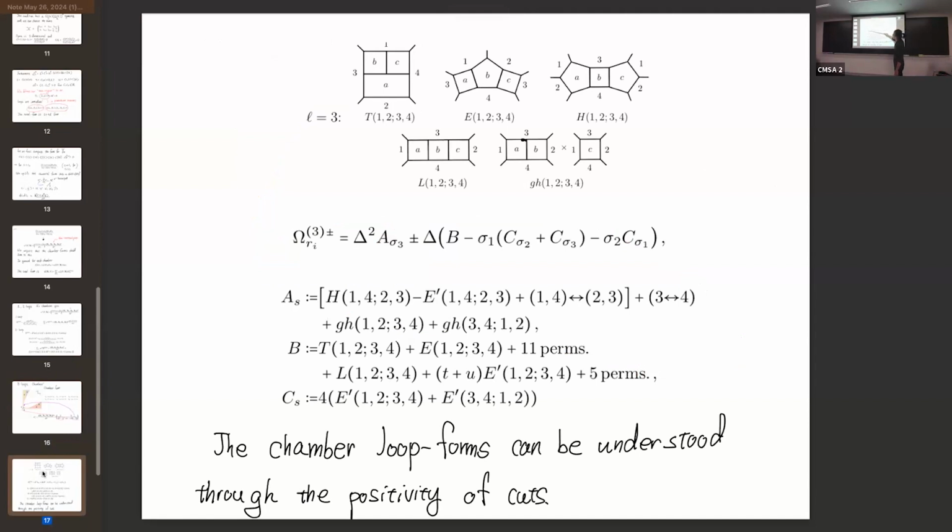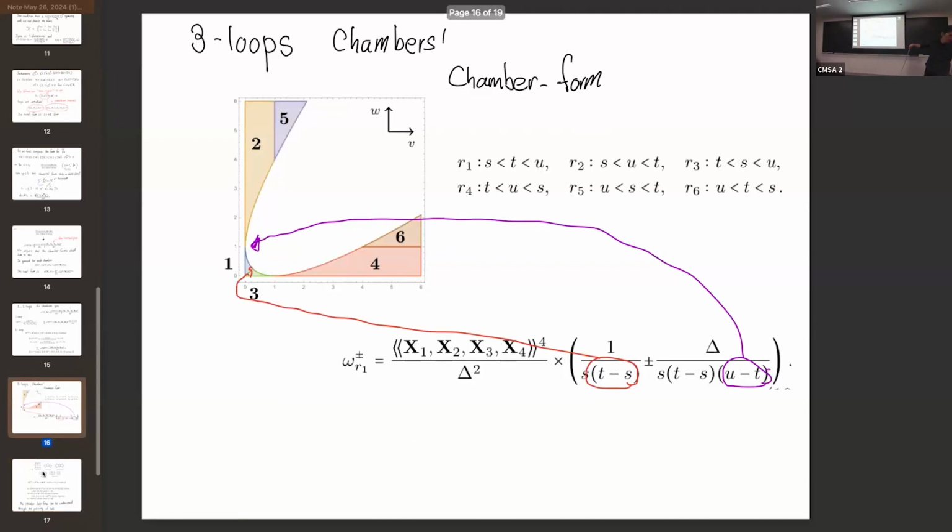So for each chamber, let's say R1, there's going to be S, T, and U. There's going to be a particular order of S, T, and U that determines what is sigma 3, sigma 2, and sigma 1. Sorry, I should have written this in a little bit more detail. For example, for chamber R1, you have S, T, U, which will be sigma 1, sigma 2, sigma 3. And then you just plug it into here.